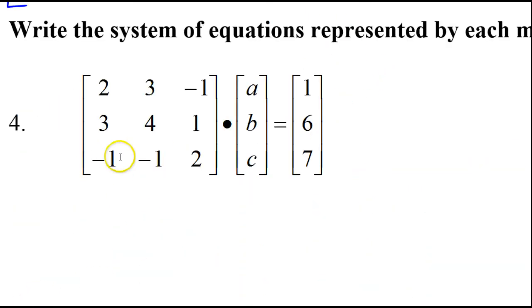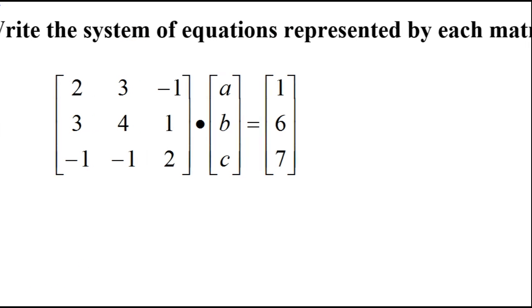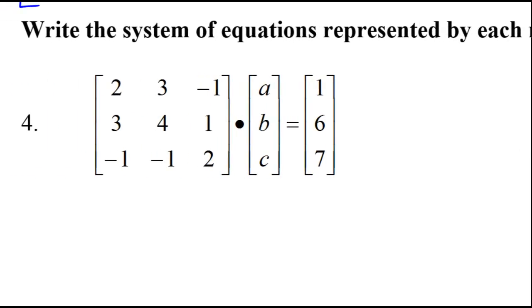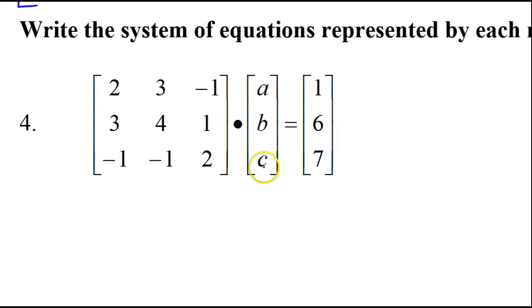Alright, for the next couple problems, they want us to go the other way. So we're going to write a system of equations represented by each matrix equation. So clearly these are the variables, these are the coefficients. So my first equation would be 2a plus 3b minus c, there's the negative 1, is equal to 1 from right there.